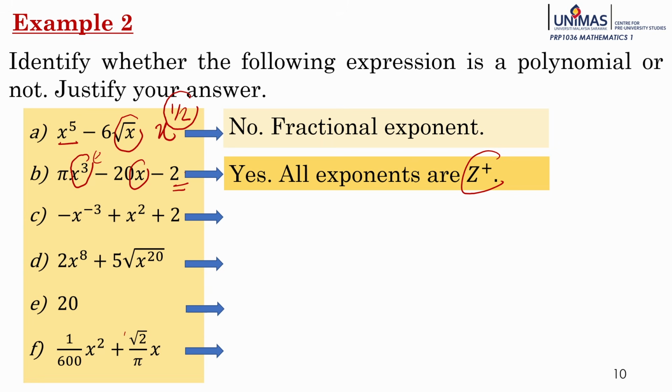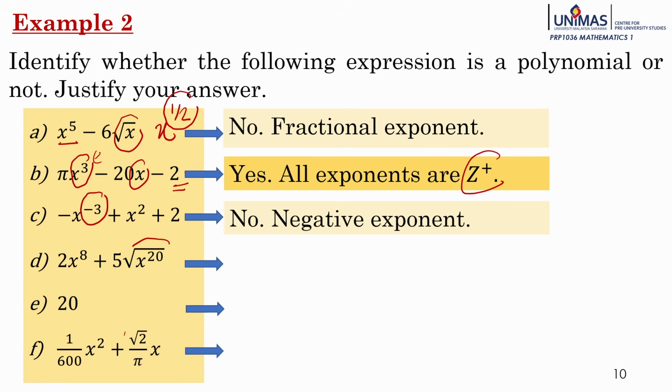So you can write this as the answer. Okay, C. Negative x to the power of negative 3 plus x squared plus 2. You can see here a negative value for the degree means not a polynomial, because of the negative exponent.